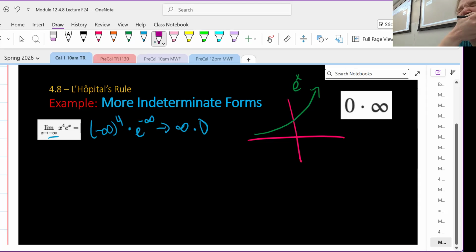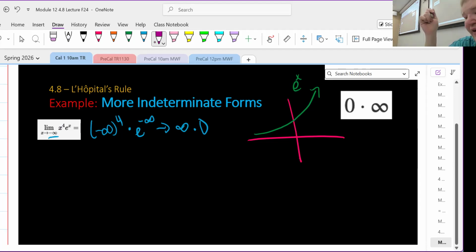So I don't know which of these has more sway over the way the graph is going to shape. I mean, I can make an educated guess that e to the x isn't going to go anywhere in derivatives. But in order to apply L'Hopital's rule, I have to have 0 over 0 or infinity over infinity. So especially when we're dealing with polynomials or exponential functions, when I move something from the top of the fraction to the bottom of a fraction, what happens?